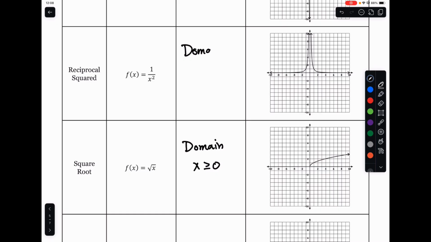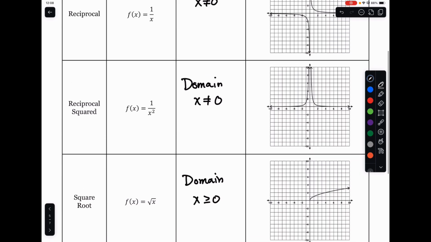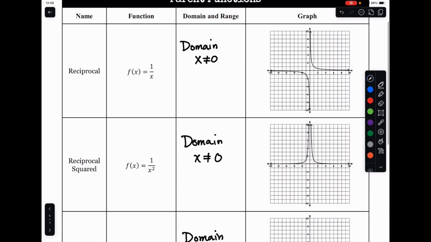These functions have restrictions on what numbers are allowed to be used for the input value of x. For the first two, the restriction is that the denominator, again x, cannot equal 0. So we have to restrict the situation where we cannot divide by 0.